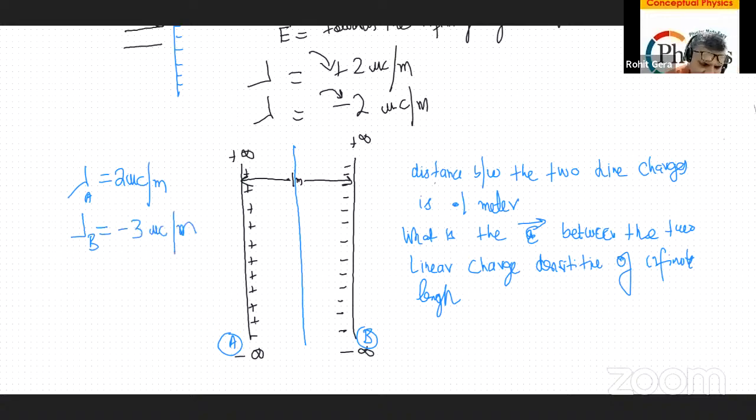You have to find the net resultant electric field due to the two charges right at the middle point of the two infinite lines. If you find it at one point, it is the same everywhere on the line. The distance between them is 0.1 meters.